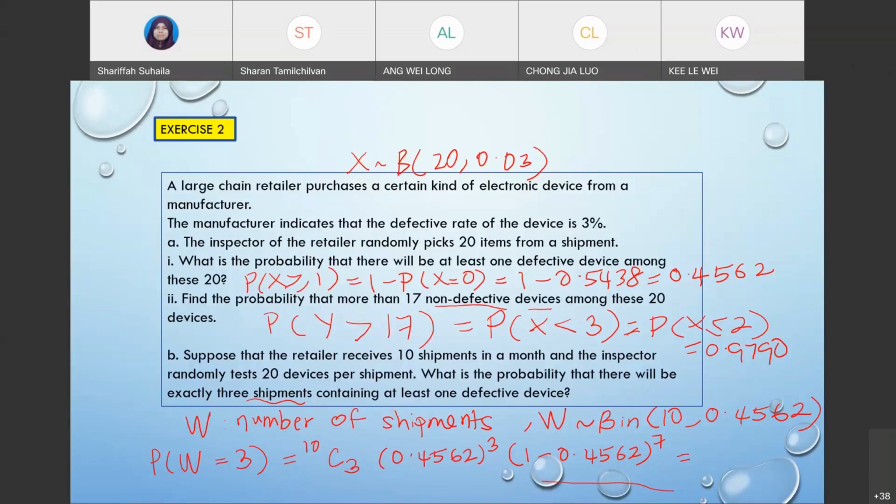Okay, so you get the answer 0.1602. Double check the answer.